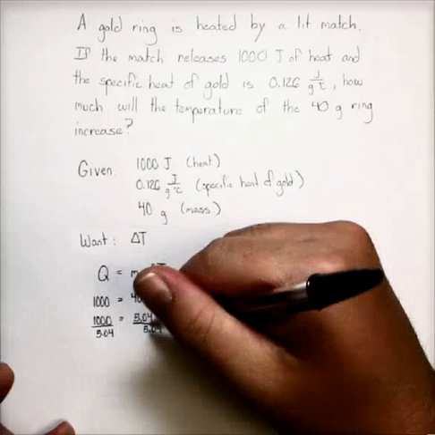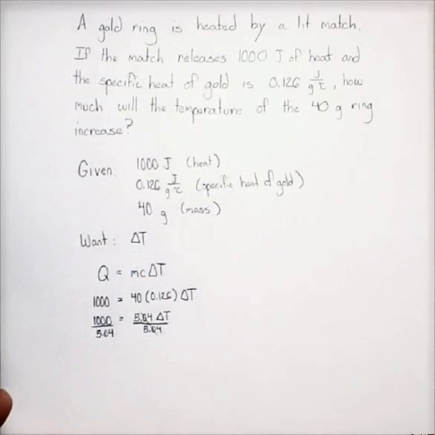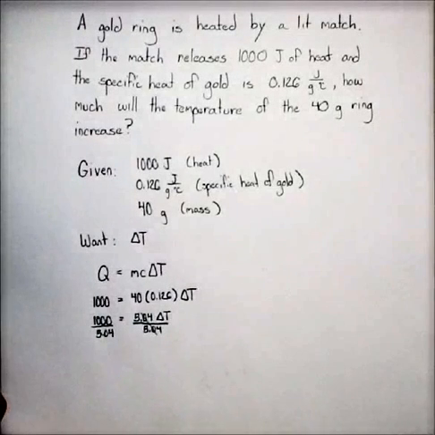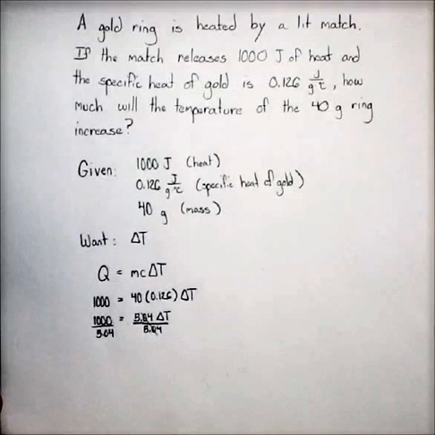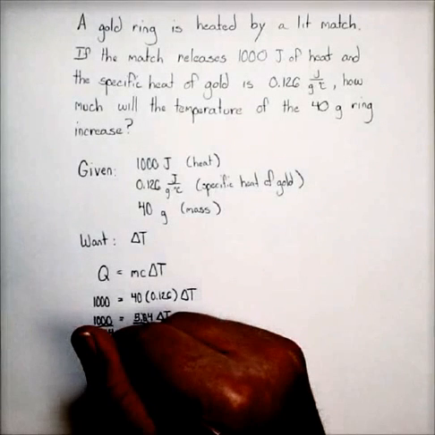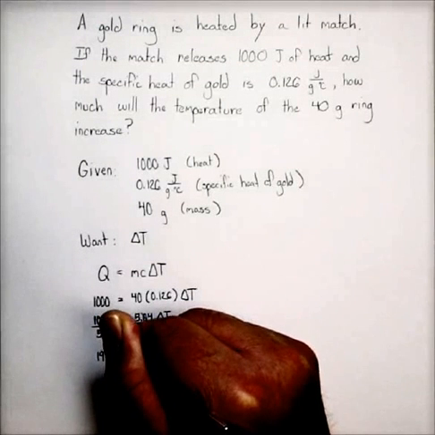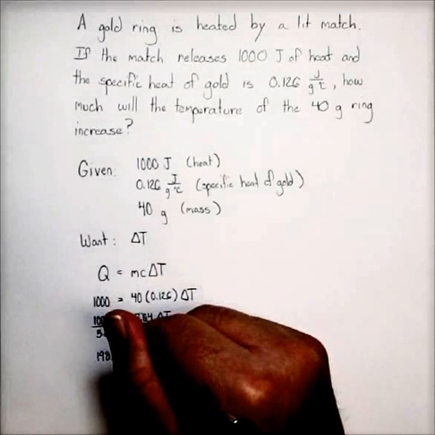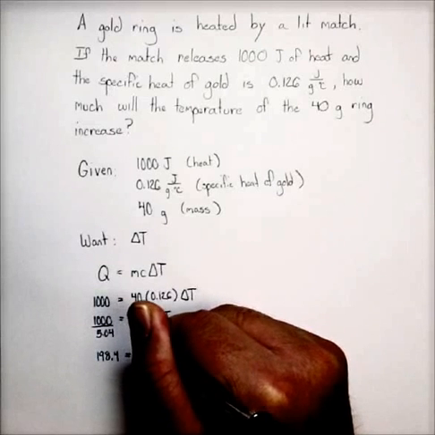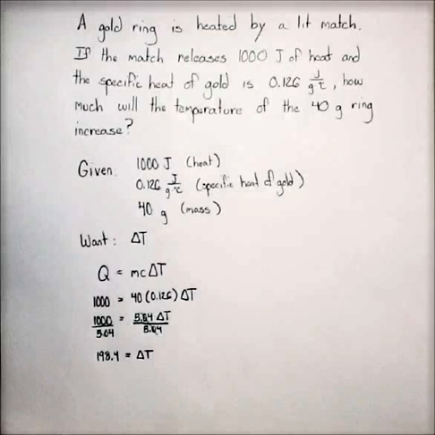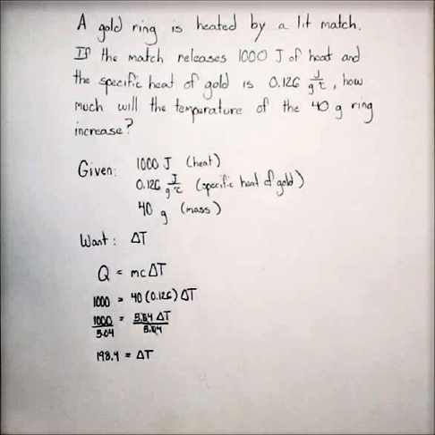And when I do that, these two will cancel out, and I will end up with, you can hear my furious typing, I'm sure, 198.4 will be my change in temperature. So I guess you can imagine I would not want to grab that ring after that. It would be extremely warm.